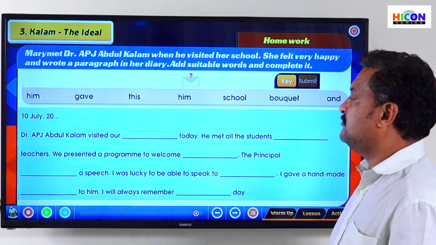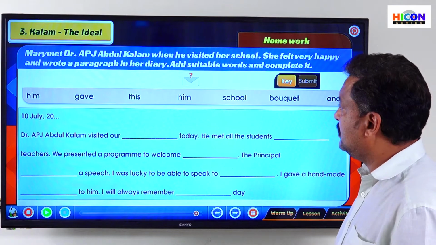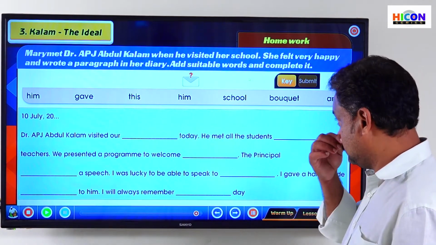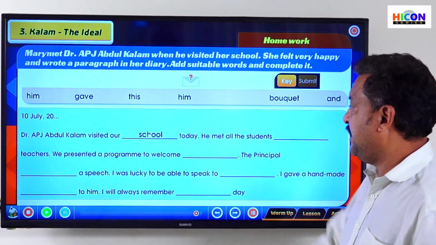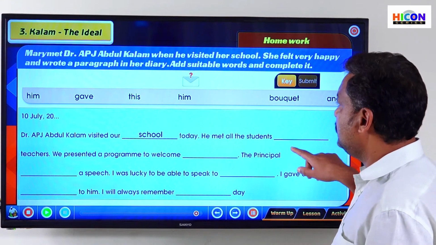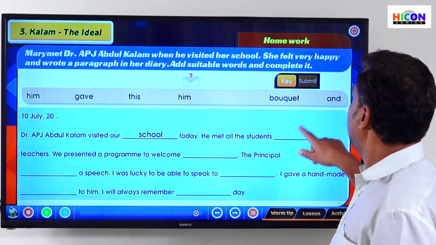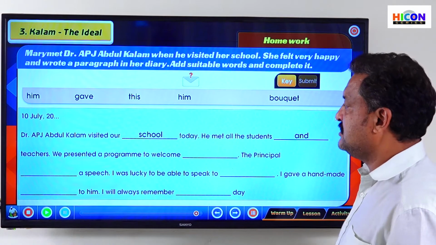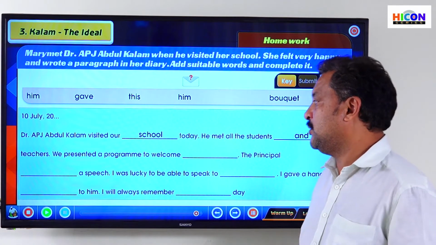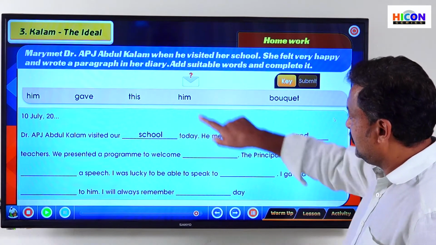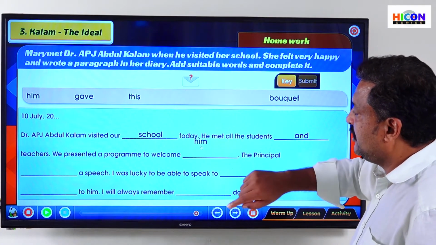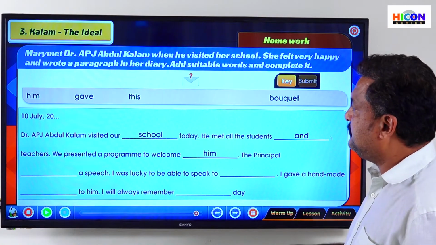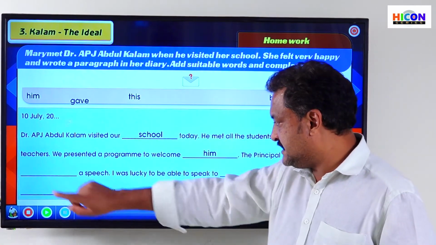Dr. APJ Abdul Kalam visited our school today. He met all the students and teachers. We presented a program to welcome him.